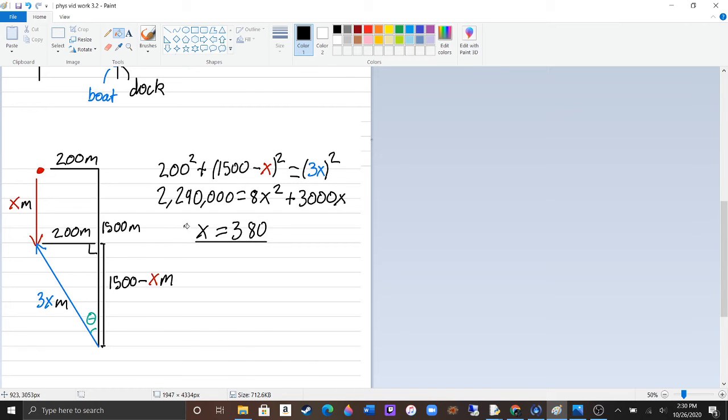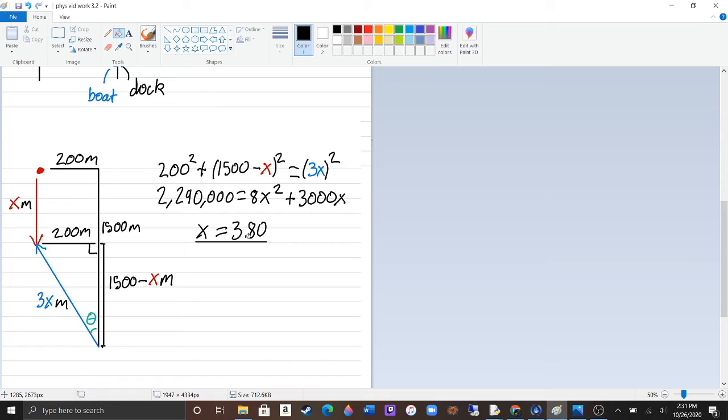So we can have that triangle, just this one right here, and we can do the Pythagorean theorem. So we have 200 squared plus (1,500 minus x) squared equals (3x) squared. We can do that out, and we get 2.29 million equals 8x squared plus 3,000x, which you can either graph out or do the quadratic formula for, and it'll show you that x equals 380.